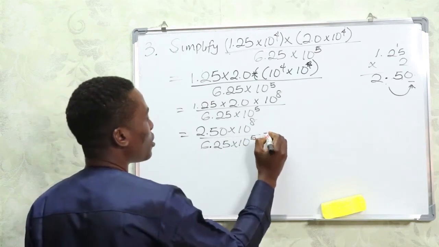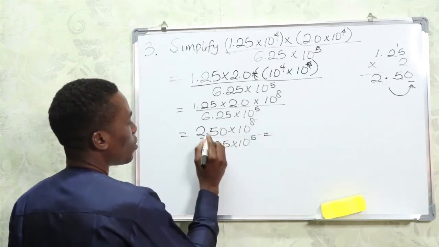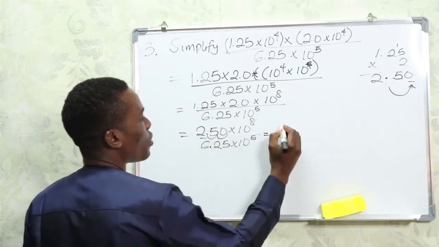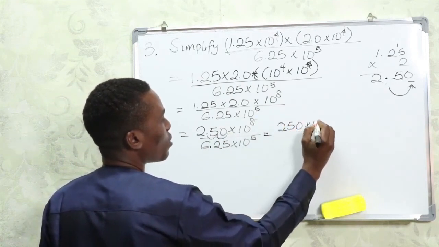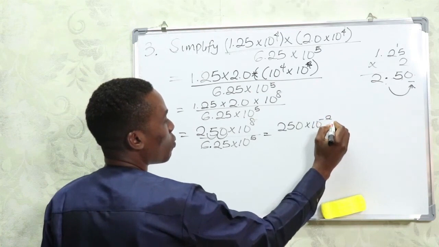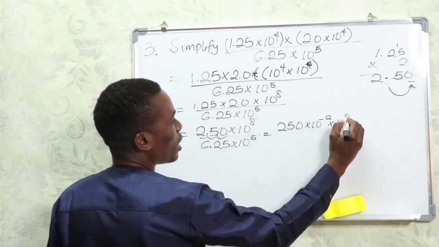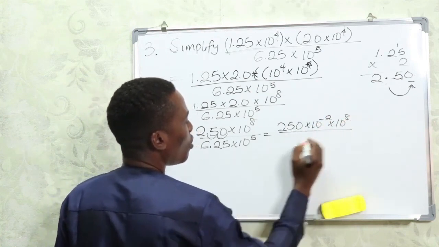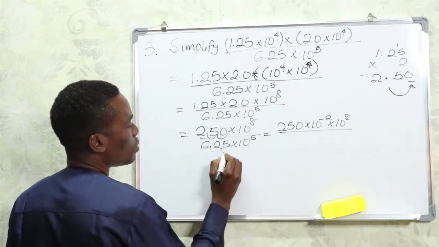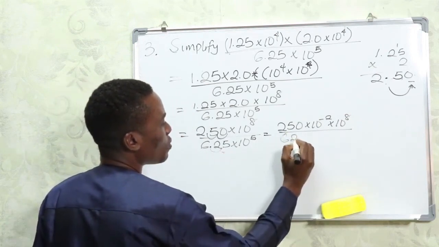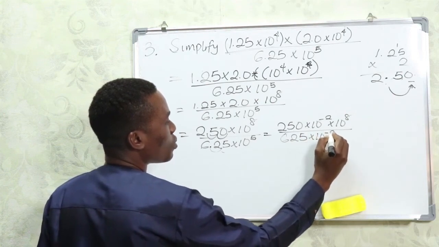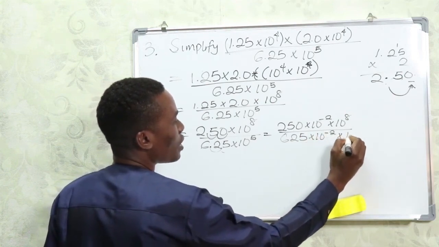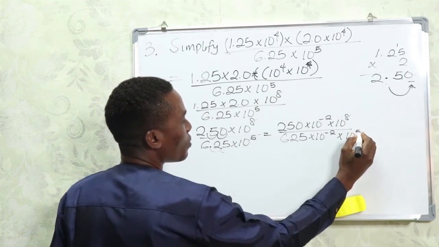So if we do that, that will give us 250 times 10 raised to power minus 2 multiplied by 10 raised to power 8 all over 625 times 10 raised to power minus 2 multiplied by 10 raised to power 5.